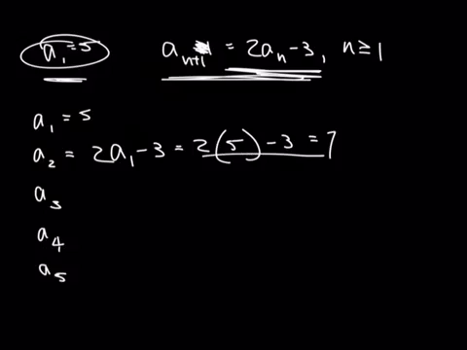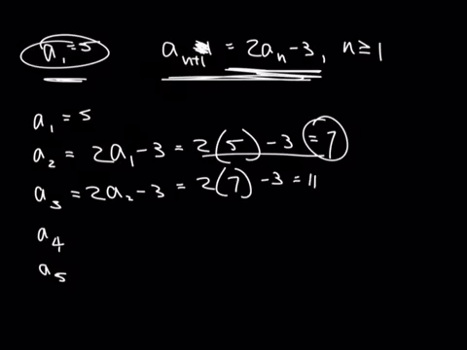Okay, so the A3 would be 2A sub 2 minus 3. So what is A sub 2? A sub 2 is 7. And the next one would be 2A sub 3 minus 3, which equals 2 times, what is the third one? 11 from up here, minus 3.